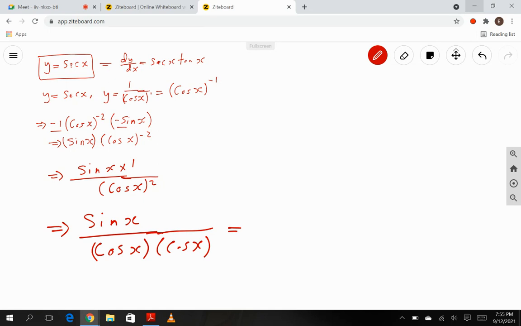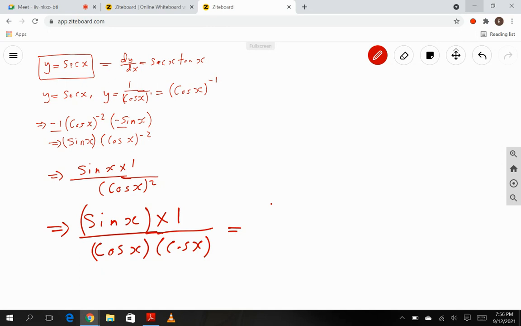So what you want to do now is break this down into two. Remember here there is times 1, right? Anything that's alone, you can always think of it as being multiplied by 1, but I'm just adding it so that you can get the picture.